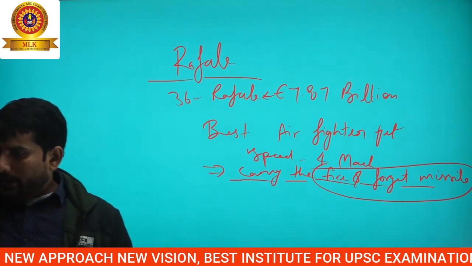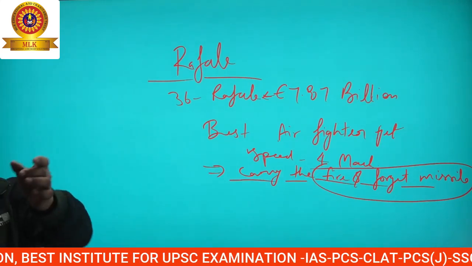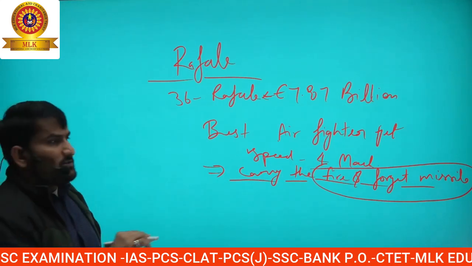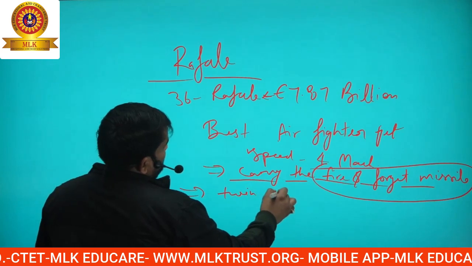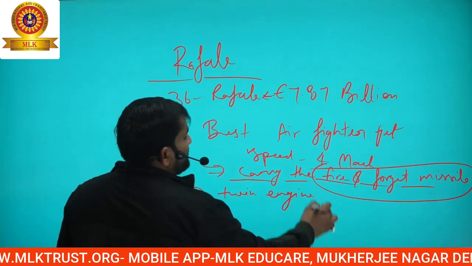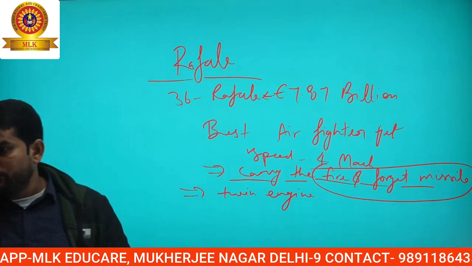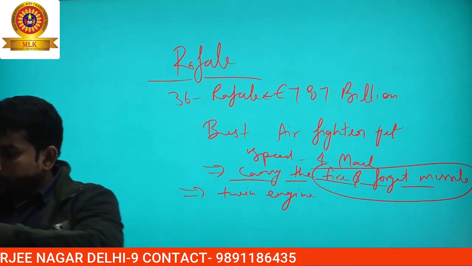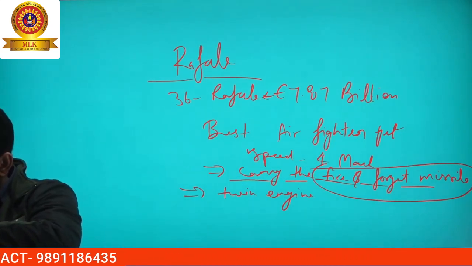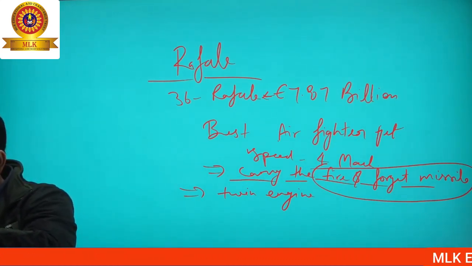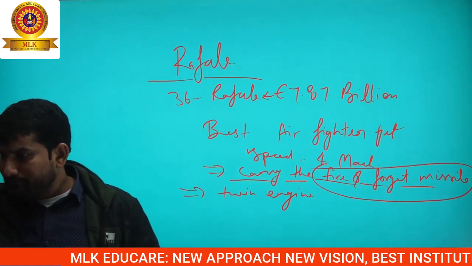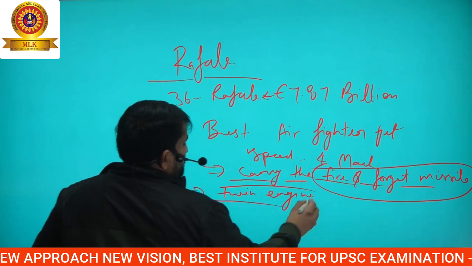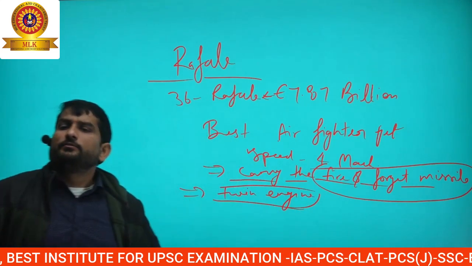Clear? And actually the Rafale is a twin jet fighter aircraft, that means it has twin engines, a fighter aircraft able to operate from both an aircraft carrier and a shore base. So this is a twin engine aircraft.